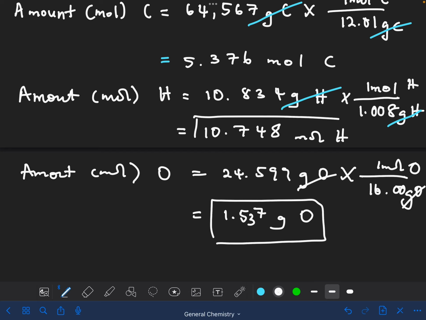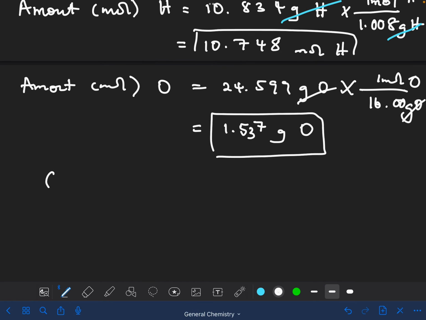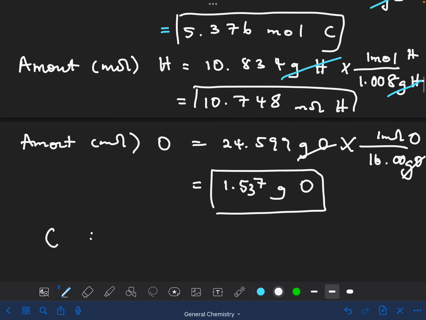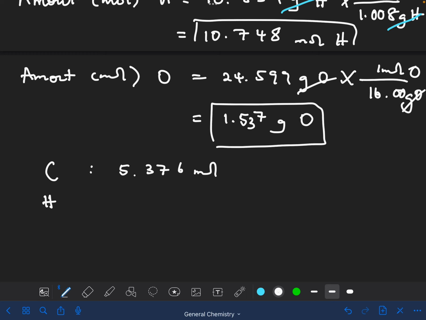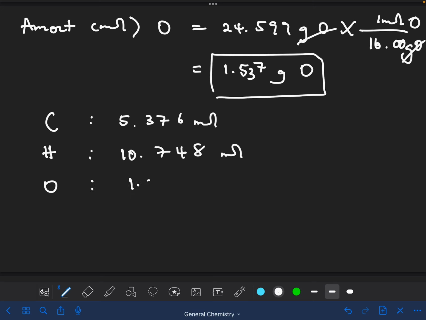So now let us write our sample. So C is 5.376 moles, hydrogen is 10.748 moles, and oxygen is 1.537 moles.